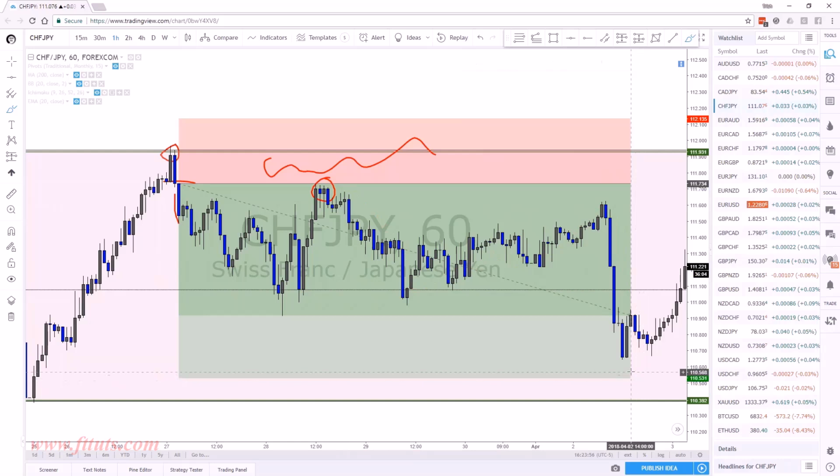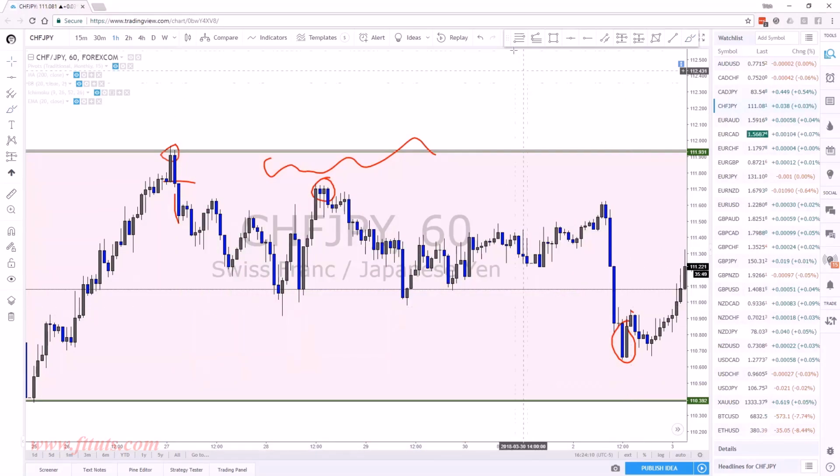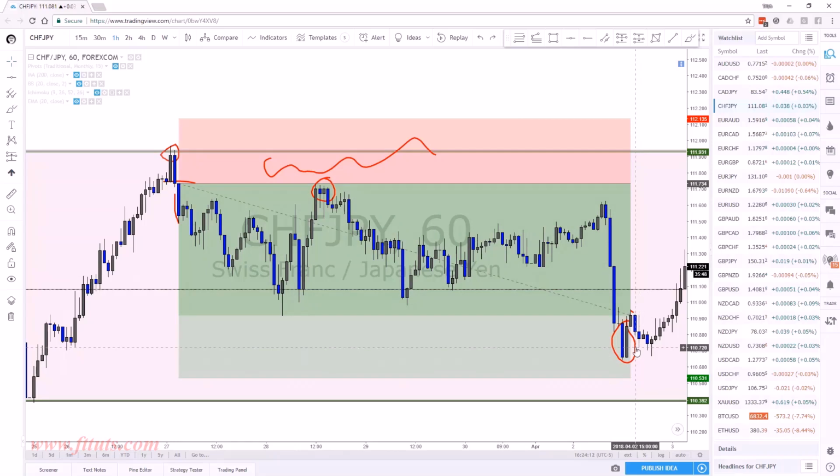And once it did this drop and then formed these other railroad tracks right here, I waited for one more candle. You see how it closed? That's a little bit messy. Oh, outstanding. There we go.